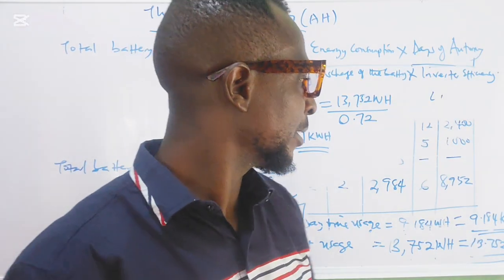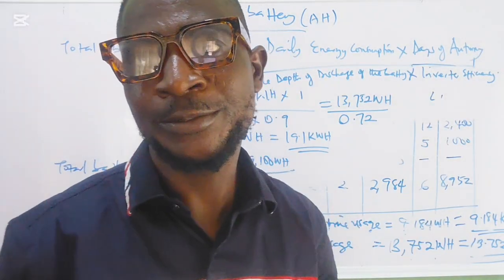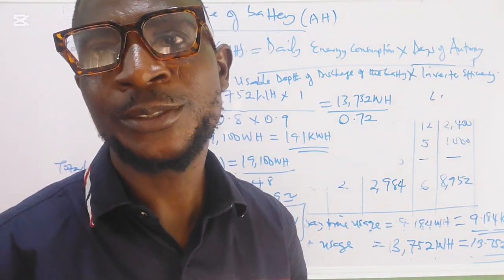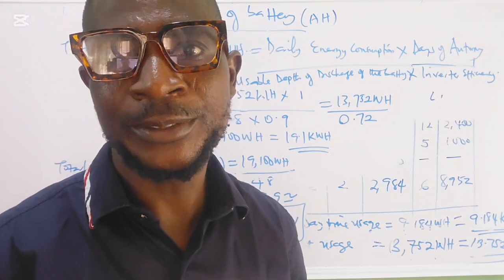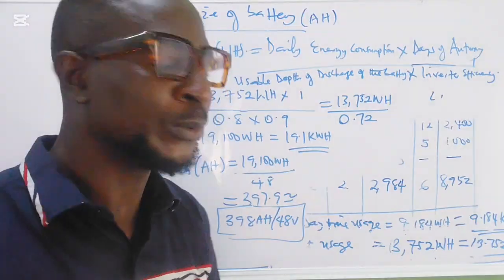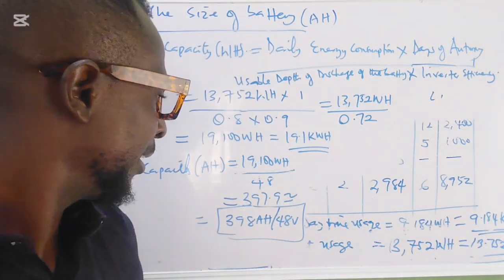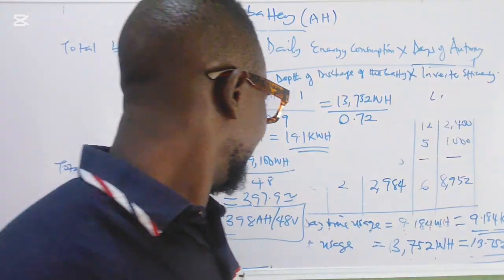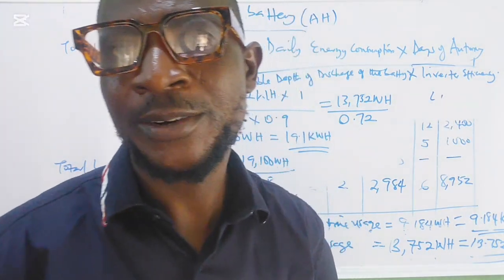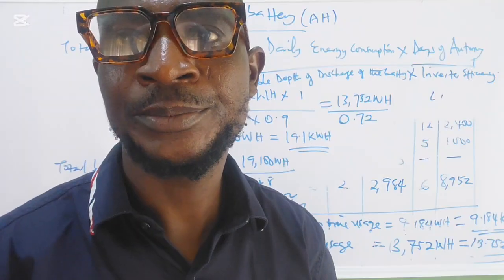In today's class, we shall be discussing the total size of array we need to run daytime load and also refuel the battery we need to run night loads. So in our previous class, we came up with the size of battery we need to run a particular night load. We said the size of battery is 90.1 kilowatt hour, which is the same thing as 398 ampere hour for a 48 volt system.